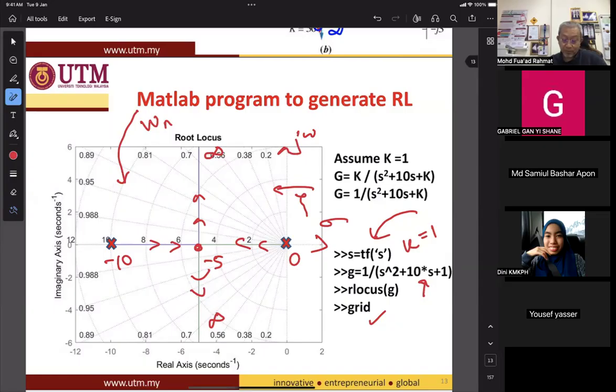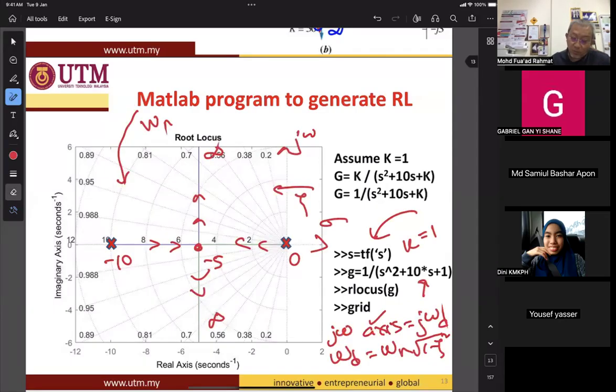The j omega axis is actually j omega d, and omega d is equal to omega n times the square root of 1 minus zeta squared.